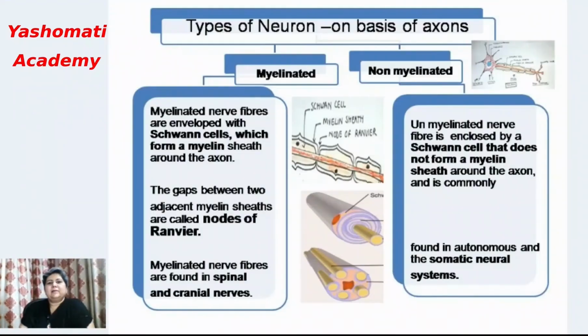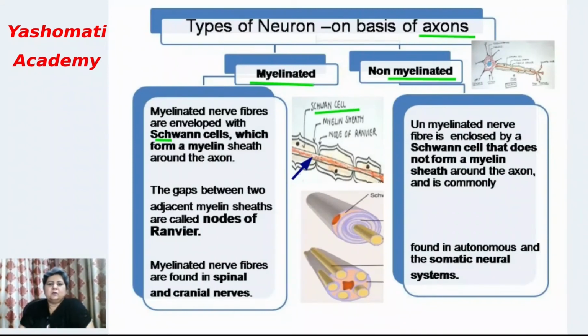Now, let us try to understand different types of neurons on the basis of axon. Axon is that part which arises from the cyton, a cylindrical part ending in the nerve ending. On the basis of type of axon, they are of two types, myelinated and non-myelinated. Now, let us try to understand what this myelin is. If you look at the picture given here, you can see that this part of the axon is covered by certain cells which are called Schwann cells.